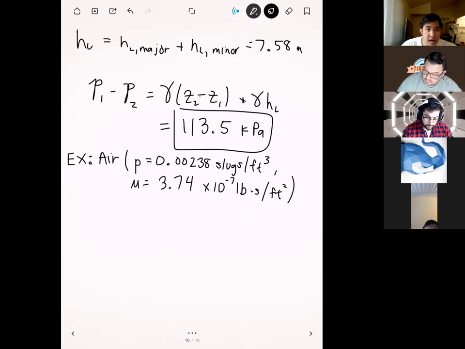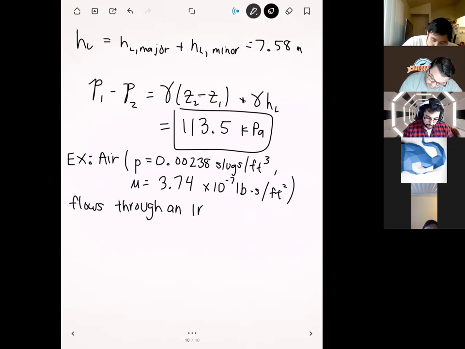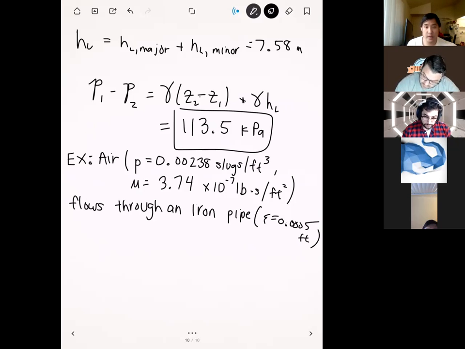We're saying that this air flows through a galvanized iron pipe. Let's just say it's an iron pipe. In this case, the roughness is given to you, and the roughness is going to be 0.0005 feet. You don't have to look this up in a table, it's given to you.